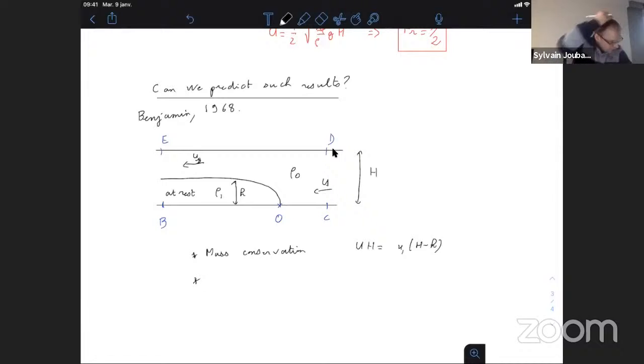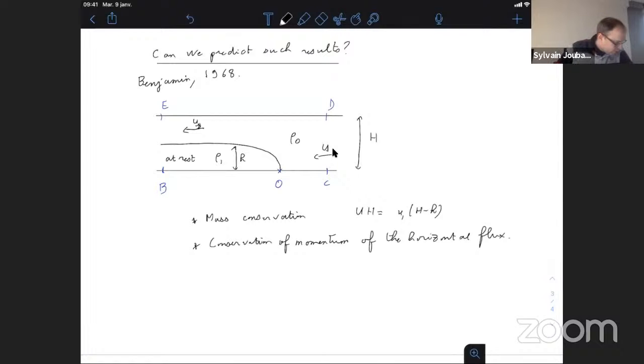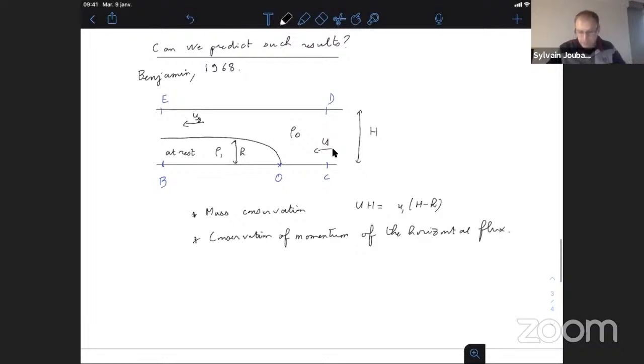The second one is the conservation of momentum of the horizontal flux. This will give you another equation for the system. I will not derive this equation.